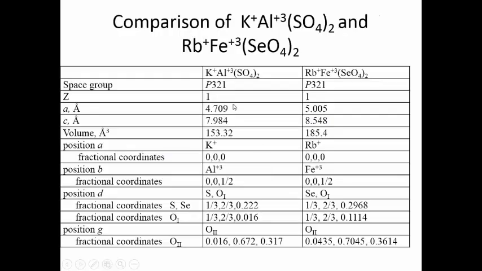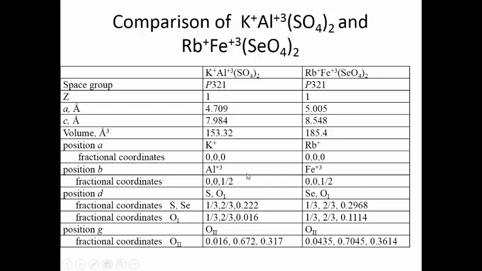And if you look at the details of these two, you're going to see they're the same space group, the same Z. You can see that the A and the C are really quite close. They're a little different because they're different materials. The volume is slightly different. And we can see that you have a 1-to-1 substitution, and that goes into these fractional coordinates.